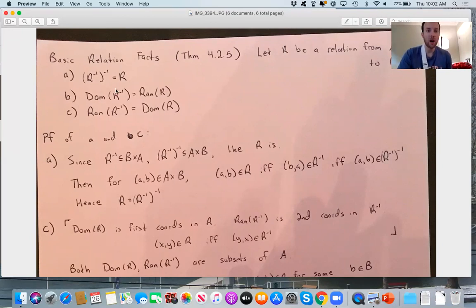The domain of the inverse is the range of the original relation, and the range of the inverse is the domain of the original relation. These facts, if they seem familiar, you've likely encountered when talking about inverse functions. So the fact that these are true is maybe not surprising, but how we actually show them, we'll want to be more careful about.